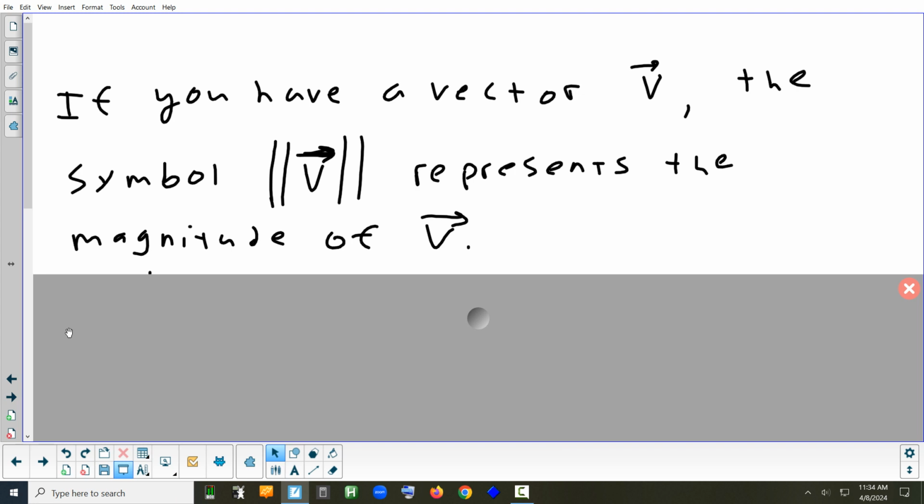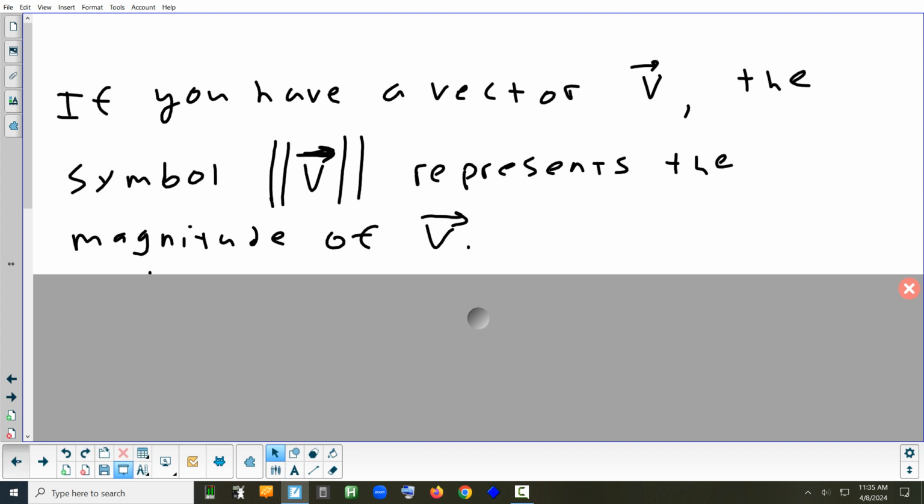And if you drew it as an arrow, what specifically are you measuring? Speed. How about, if you think of literally the arrow, what are you trying to find about that arrow? The distance. Yeah, the length of the arrow.